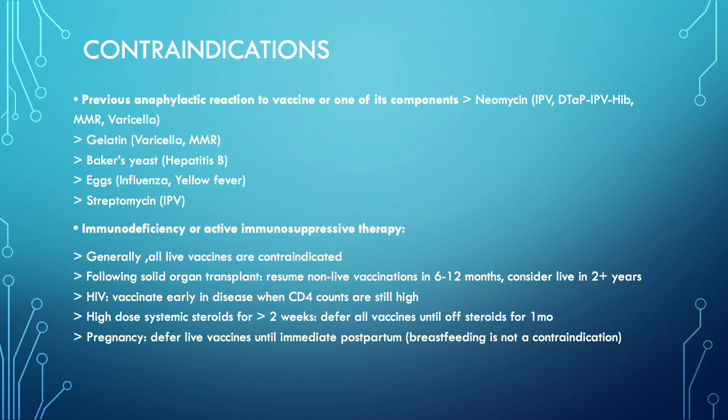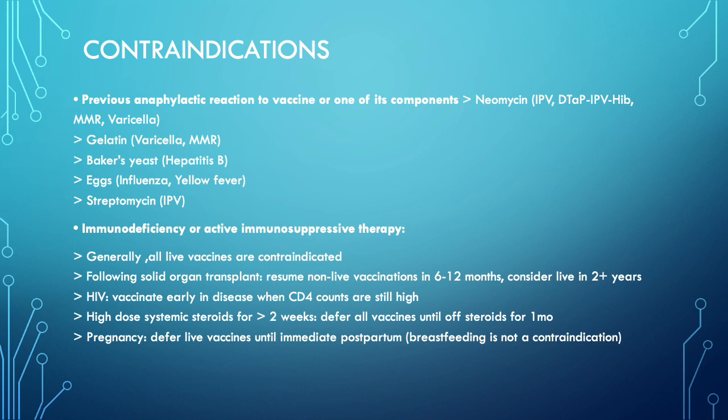Also worth mentioning is immunodeficiency or active immunosuppressive therapy. So patients following organ transplantation, HIV, high dose steroid use, and pregnancy. Now, in these situations, vaccination will not be 100% contraindicated, but would need to be deferred for a particular period of time.